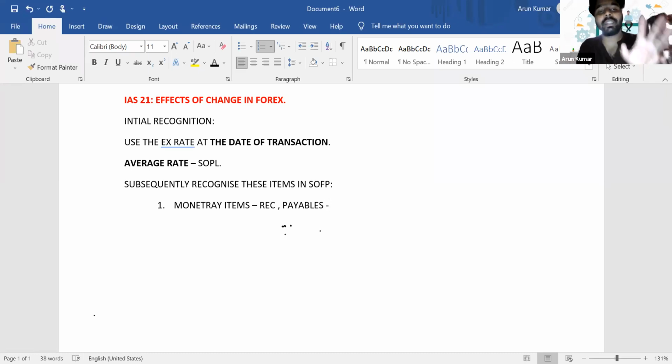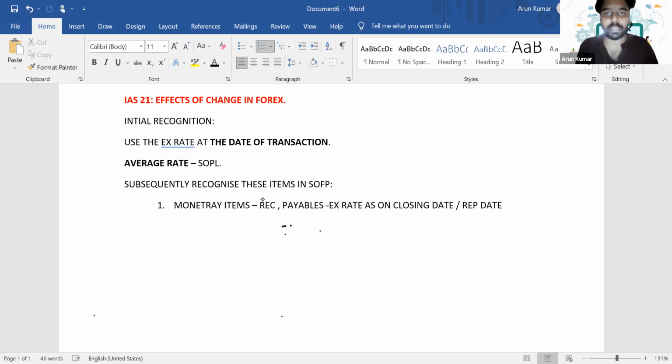So for converting these monetary items, we'll use the exchange rate as on the closing date or reporting date. If you want to convert any receivable balance or payable balance, or anything which can be termed a monetary balance, at the reporting date in SOFP, we will use the exchange rate as on the closing date. Are you getting it?